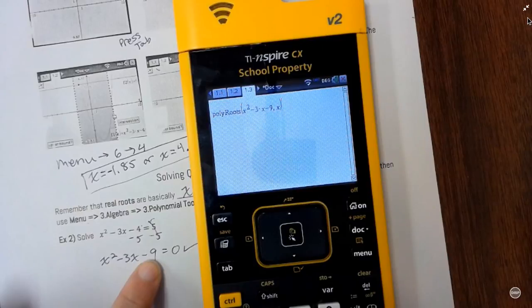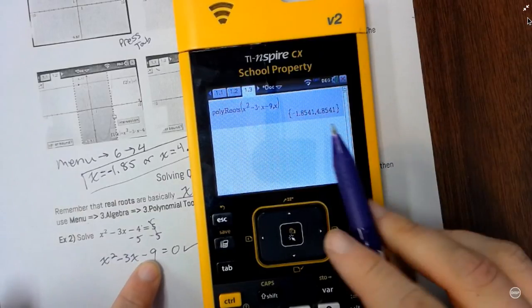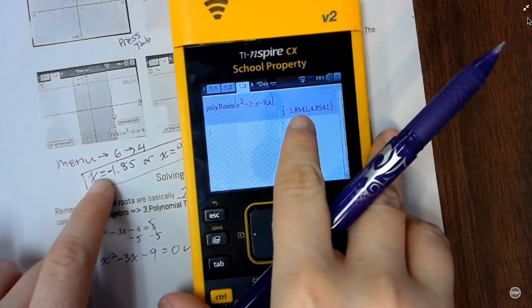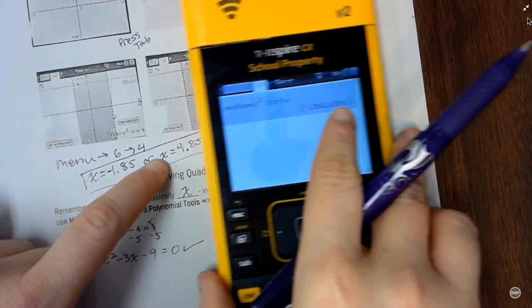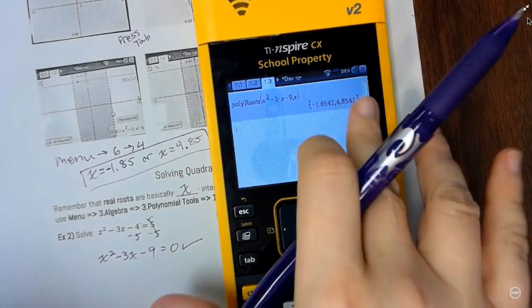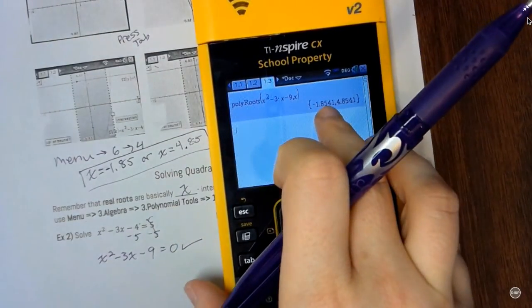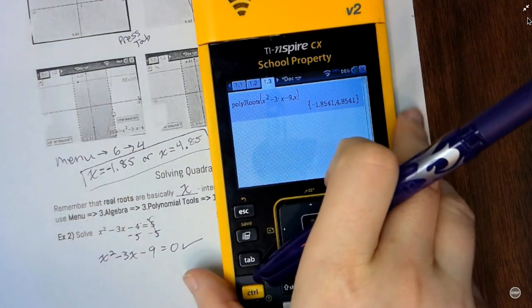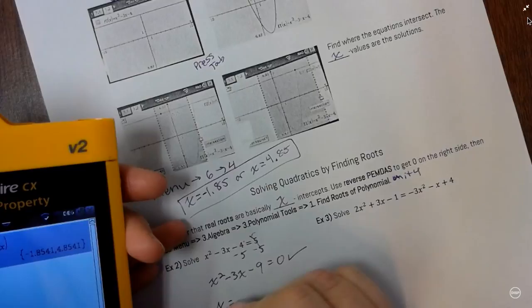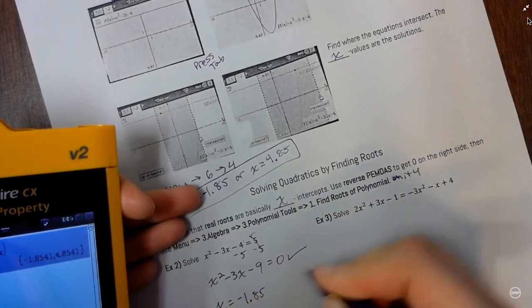Press enter a couple times. And there are your roots. Notice that they're the same as what we got when we did it by graphing. So both methods work. This method will get you more decimal places if you need more decimal places. So let's write that down.